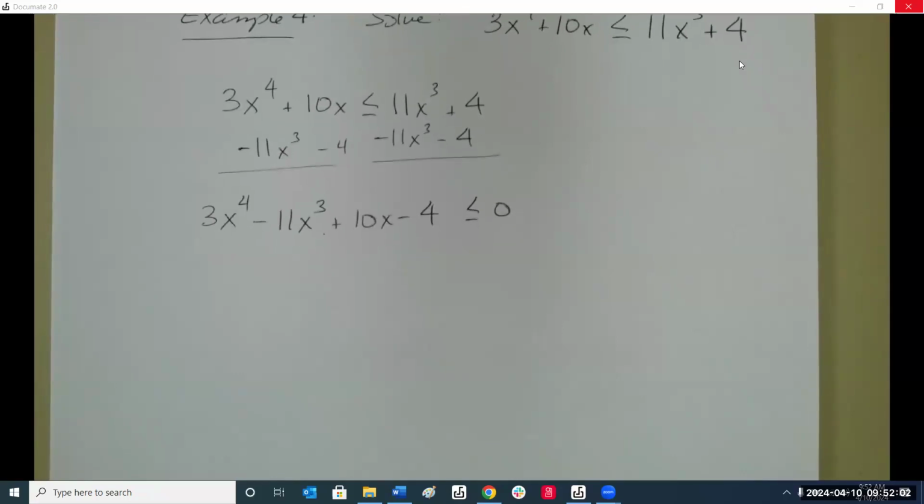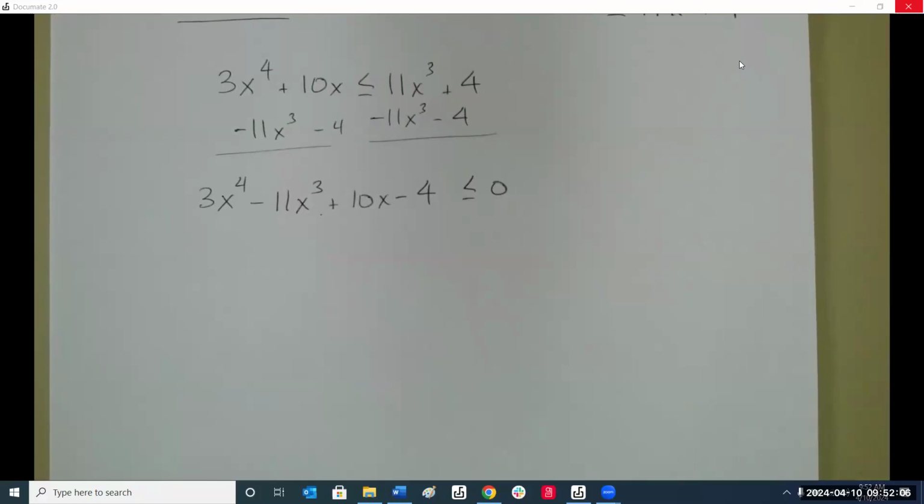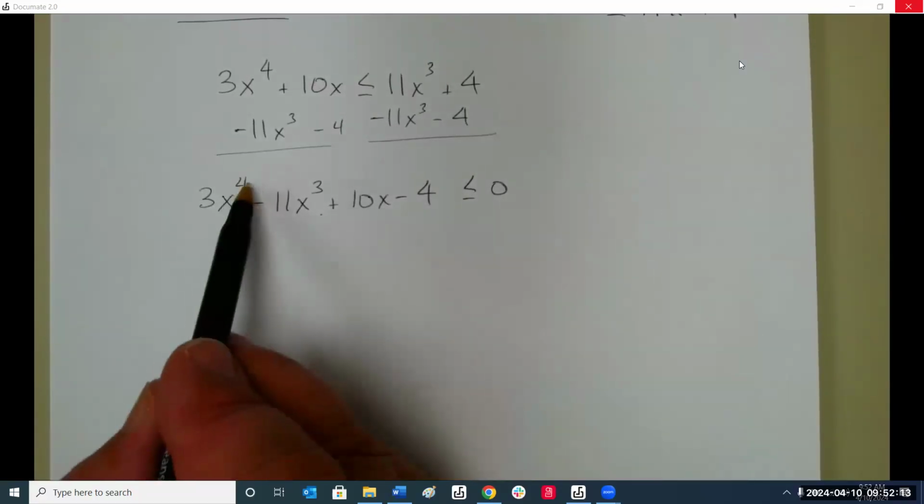What's the next thing we can try? What did we learn in this chapter? How do we solve polynomials of higher order?